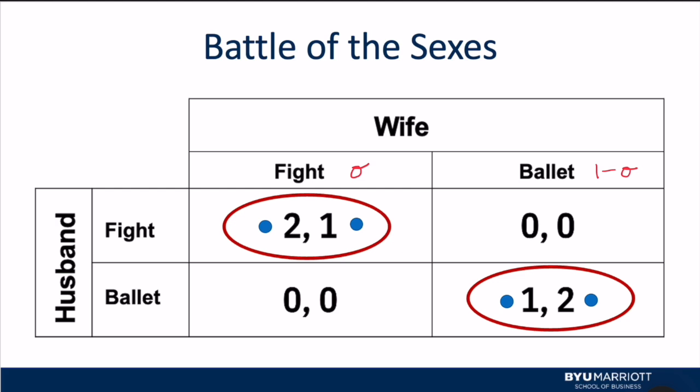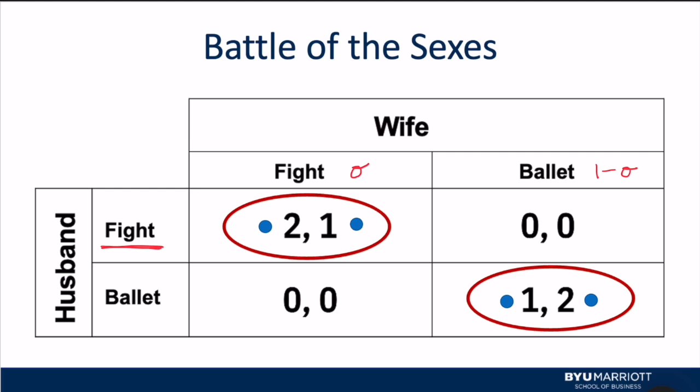This distinction is important because it allows me to say, okay, if I'm going to choose fight as the husband, I can take these probabilities that the wife will choose fight or ballet to find the expected utility of me choosing fight. By expected utility, I essentially mean the average. Let's say we played this game 100 times over, and every time I, as the husband, picked fight.